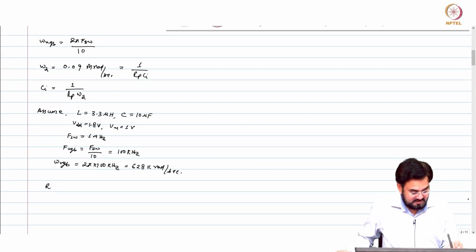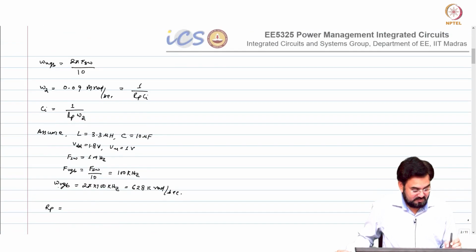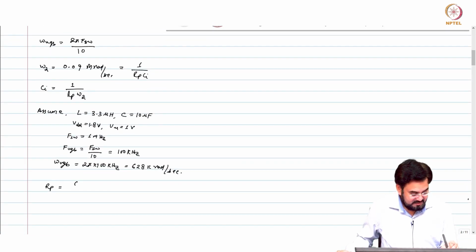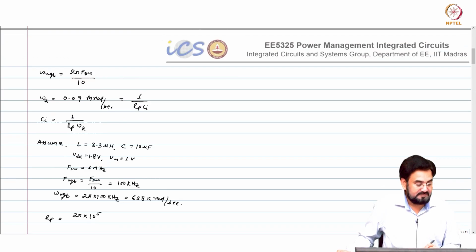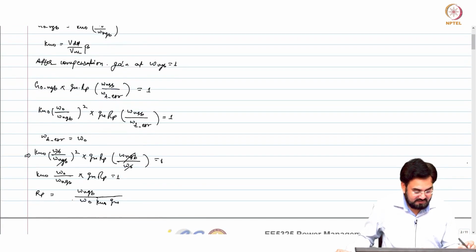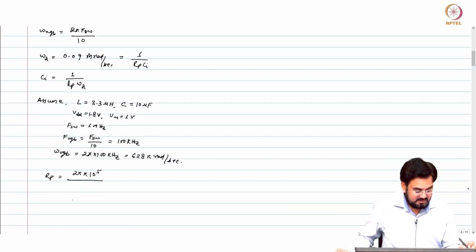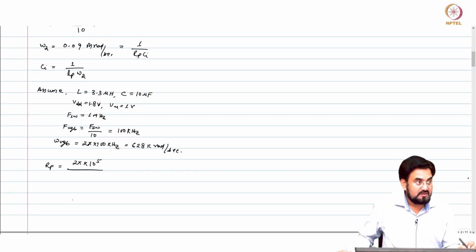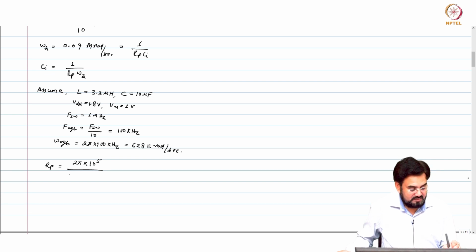So, your RP is omega UGB, which is 2 pi into 10 power 5, over omega naught. How much was omega naught? We calculated. Do you remember? 0.174. Okay.